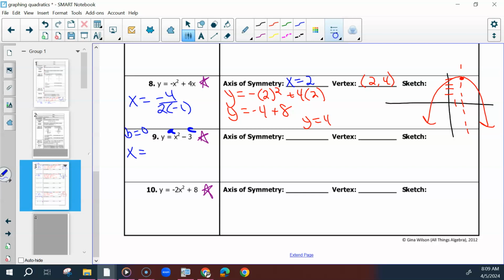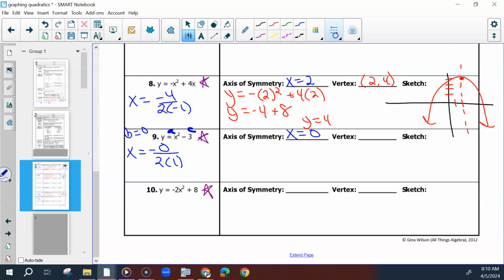So that would be x equals -0 if we're keeping with the formula, over 2 times 1. Which means the axis of symmetry would just be 0, x equals 0. So anytime you don't have a b value, your axis of symmetry is automatically x equals 0.